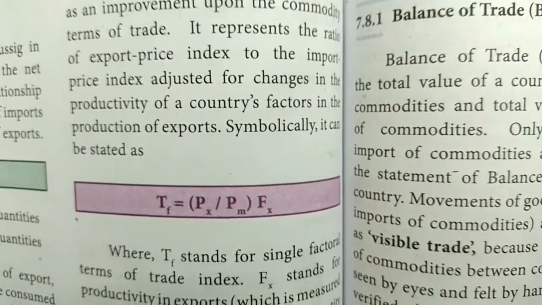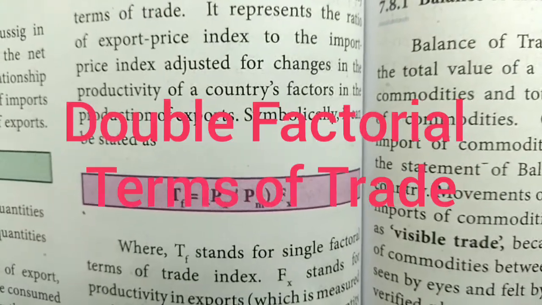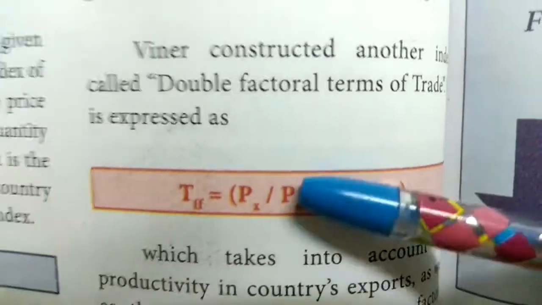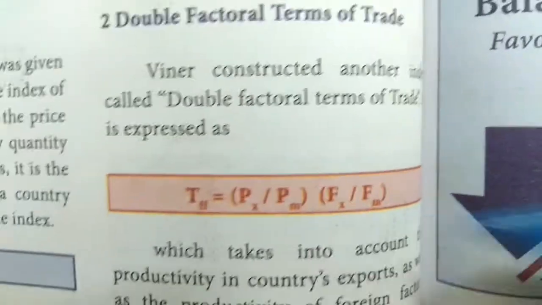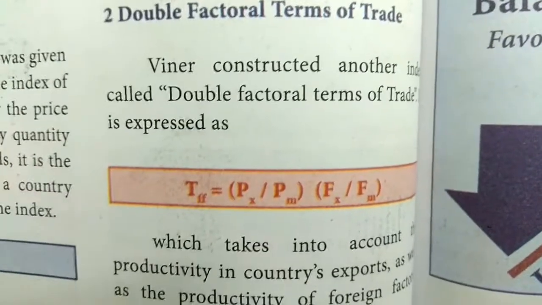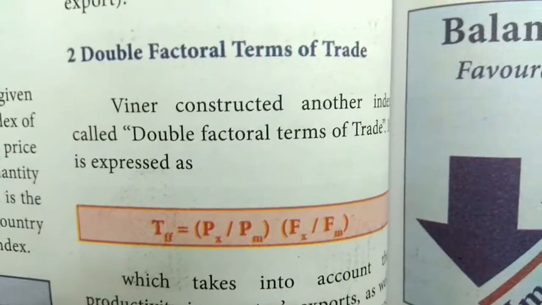Let's see the double factorial terms of trade. Viner constructed another index called double factorial terms of trade.